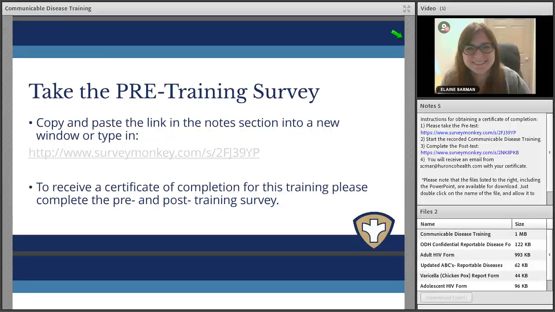And file 2 is the section below that, and that includes all of the forms and information that I'm going through today. And I'll make reference to this box whenever there's a new form or a file that you could use. I'll make note of it and I'll let you know the name of it so that you can download those files. You don't have to go anywhere else to find them.